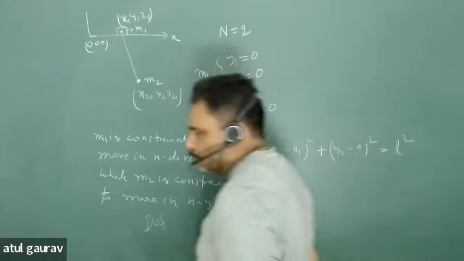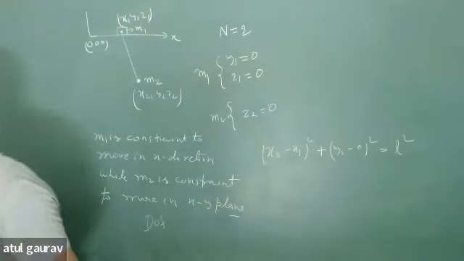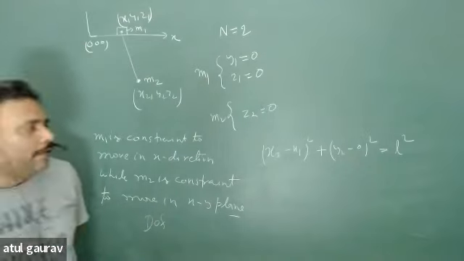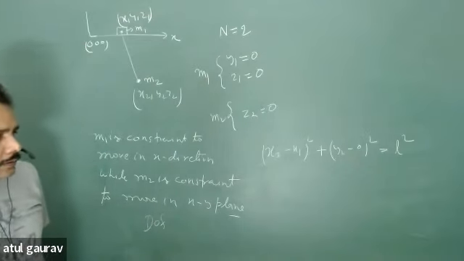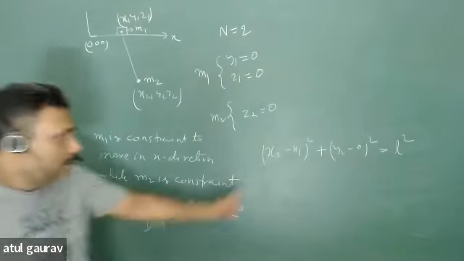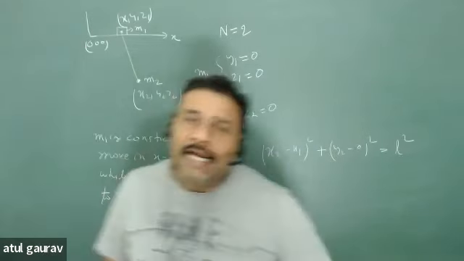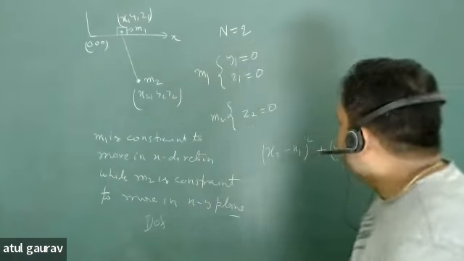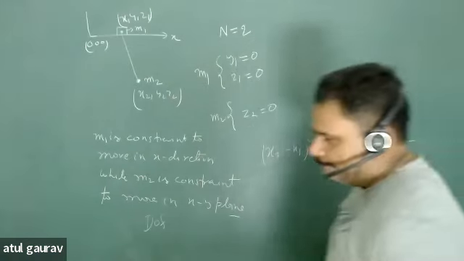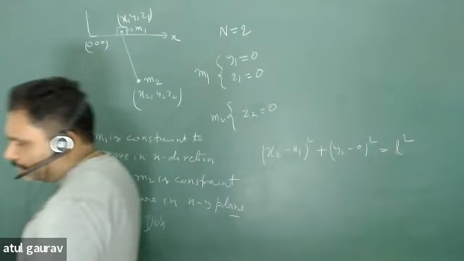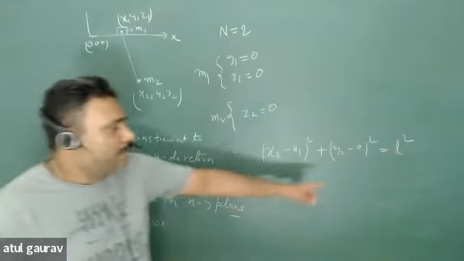X2 and Y2. So just look at X2 and Y2. Which symmetry is it following? Circular. Are you getting my point? Circular symmetry. But in that circular symmetry, is the radius fixed or variable? Fixed. L is fixed.